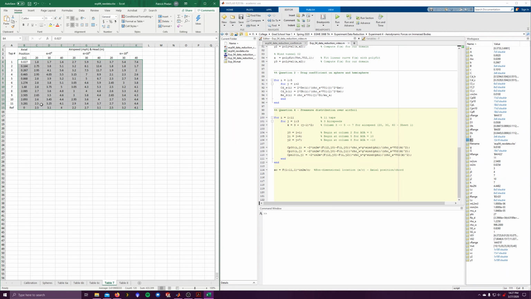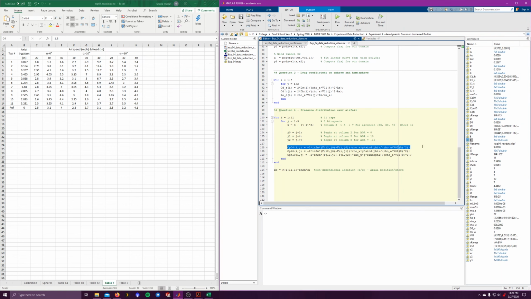I want to start in the second column. So I'm saying J0 equals J plus 1. So if J equals 1, then J0 equals 1 plus 1. J0 equals 2. We're going to start collecting this head data on the second column that we imported. And again, that's for an angle of attack of 0 degrees.